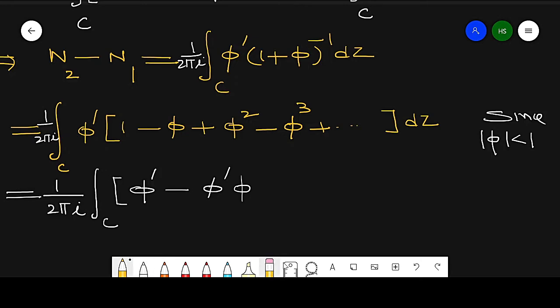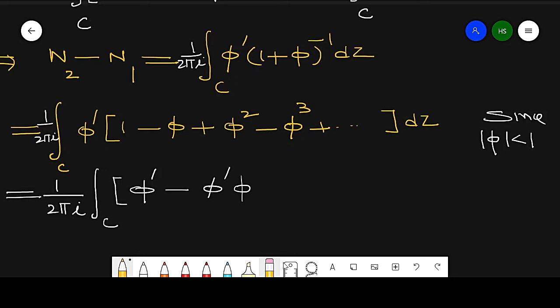We can also write it as individual terms.